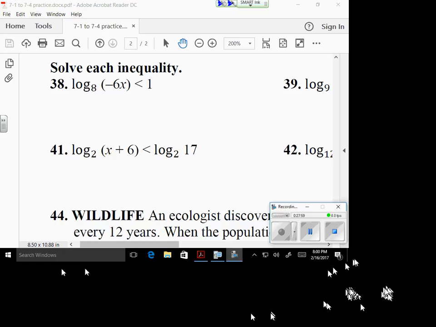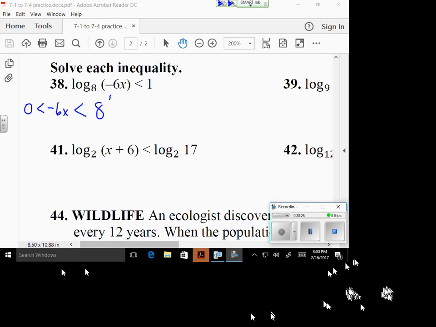For log inequalities, we've got to pay attention to our inequality signs. On a less than, then we need 8 to the first, less than -6x or greater than, which means be greater than 0.